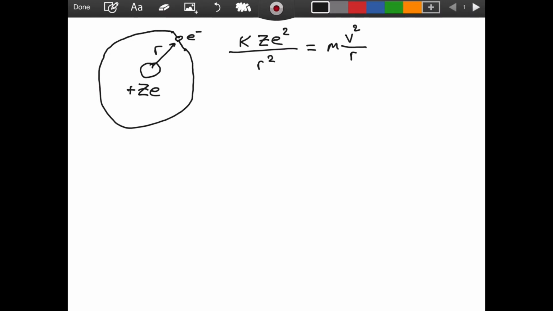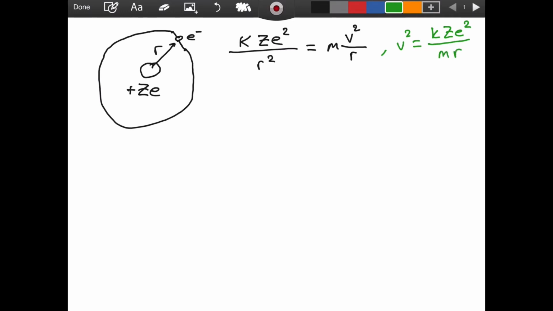From this, I want to solve for v squared. If I do that, what do I see? Well, I see r's cancel, and if I divide both sides by m, I can get the equation that v squared is equal to k times Z times e squared divided by mass times the radius.